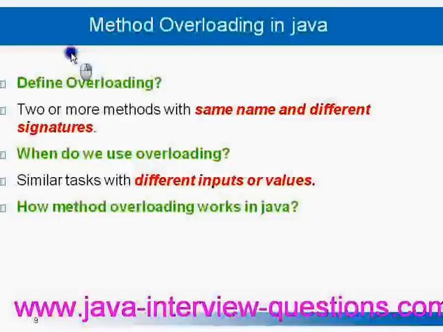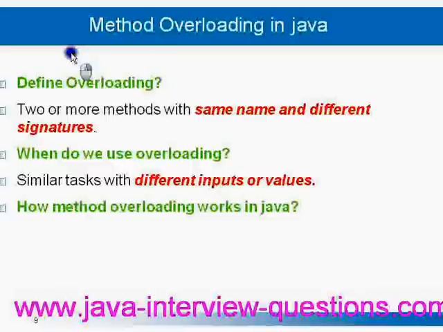Now how method overloading works in Java. First, the compiler will check that all the methods have the same method name. If they have the same method name, then it will check the number of arguments, and if the number of arguments is the same, then it will check the type of arguments.